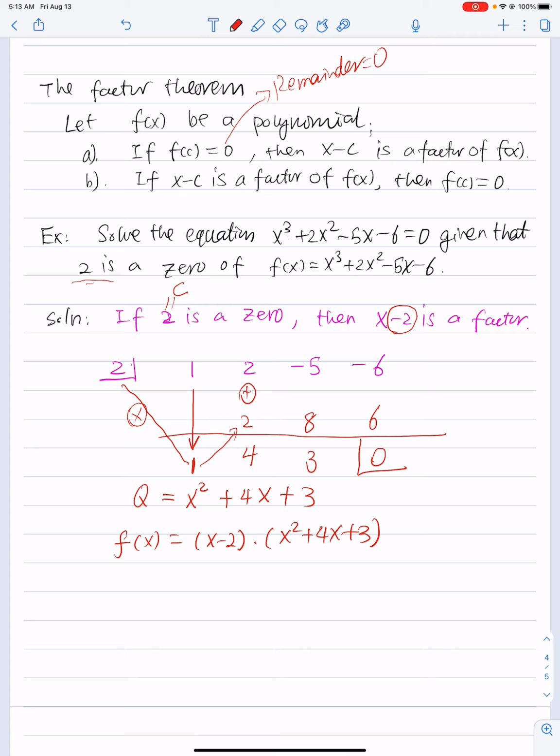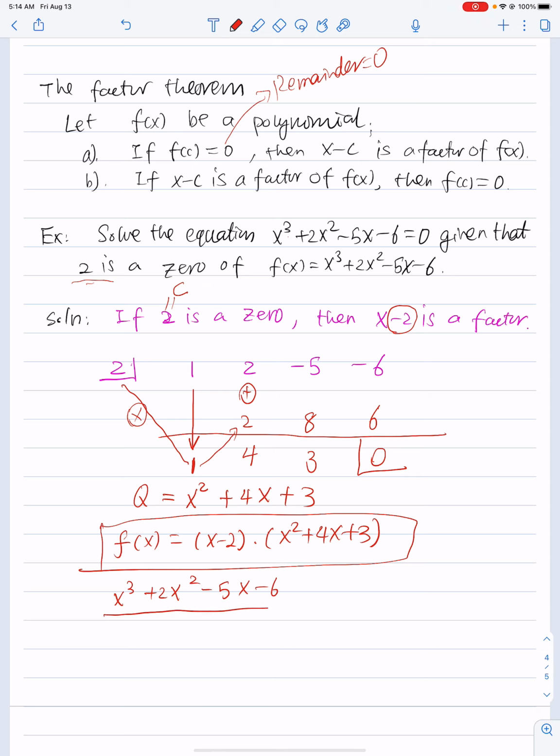Yeah, so because this is a factor, so what happened here? If some students do not understand here, think about this. This is a factor, means x cubed plus 2x squared minus 5x minus 6, you divide by the divisor x minus 2.